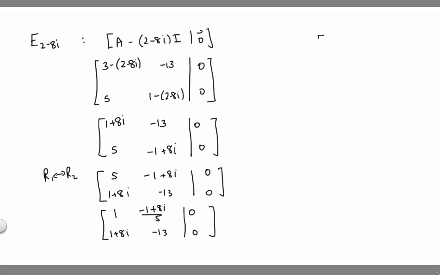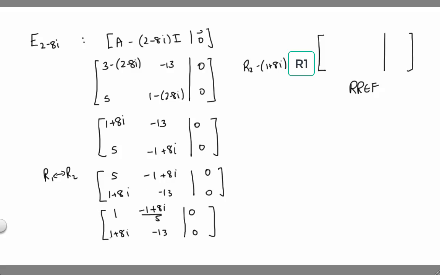Okay, now skill testing question. Last step of the RREF. Can we do this without making life too painful for ourselves? So formally what we're doing, we're taking row 2 minus (1 plus 8i) times row 1. Let's focus in on the bottom row because I'm really excited to do that part.